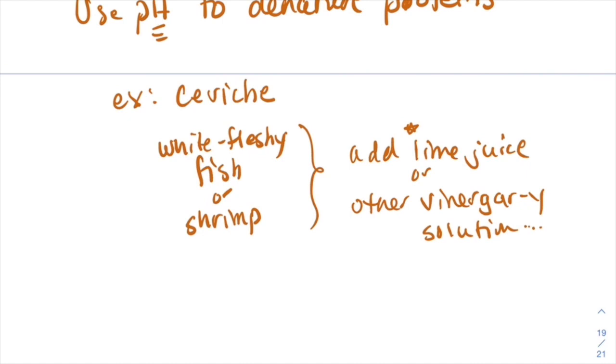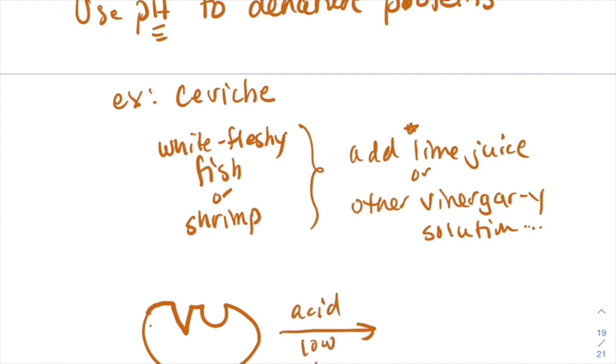And what it does is, let's say this is a bacterial enzyme right here. You add acid to it, which is low pH, and it opens up that enzyme into just a polypeptide chain, and it denatures the enzyme.